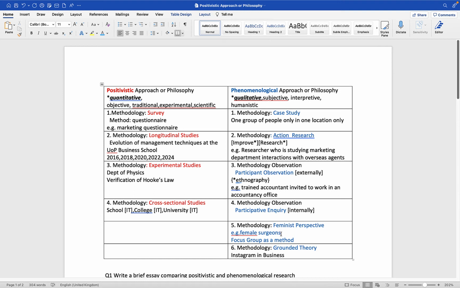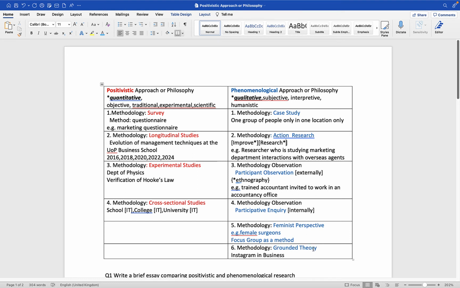So some researchers are really interested to know how the female surgeons are influencing events in the department, and how the department is impacting on them. So if you're using a particular perspective that looks at how the female interacts with the environment, we call that a feminist perspective. So in actual fact, if you were doing work with female surgeons, then the approach would be phenomenological, the methodology would be feminist perspective, and the method would be focus group.